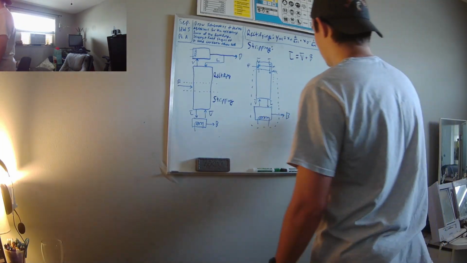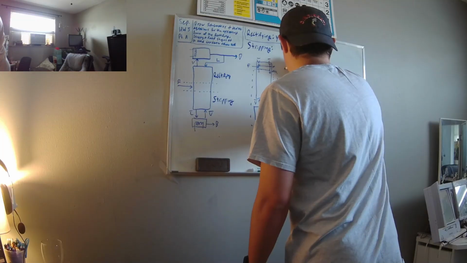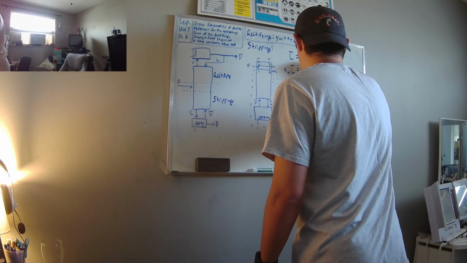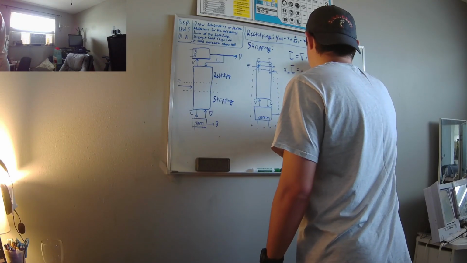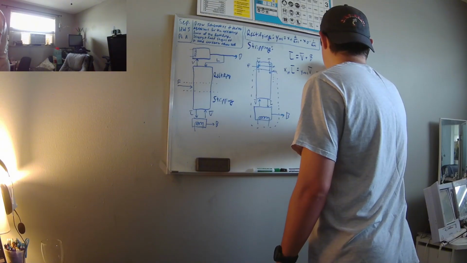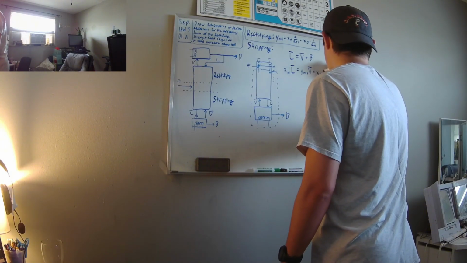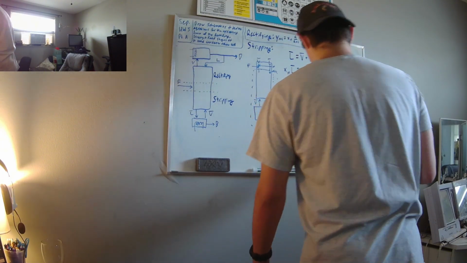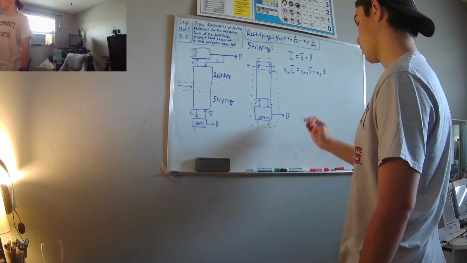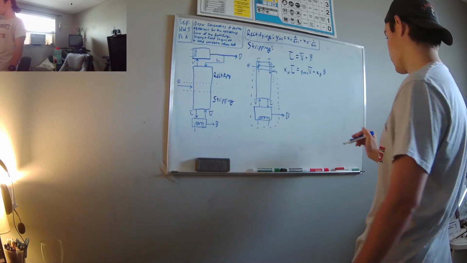And similar to what we did before, we know that our xn times our L bar is going to equal yn plus 1 times our V bar plus xb times our bottom slope. Because yet again, similar to the condenser, it's all liquid coming out of our bottom slope.